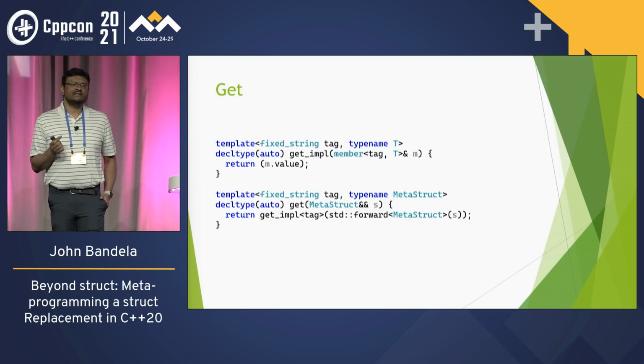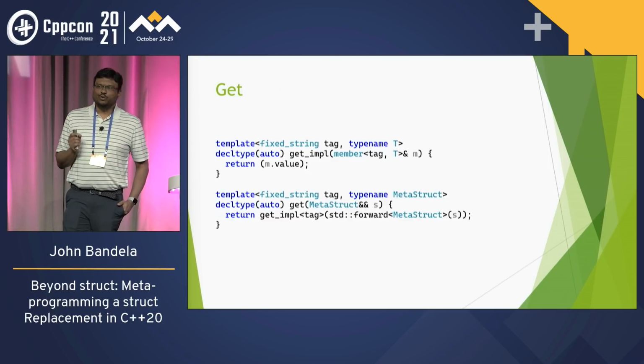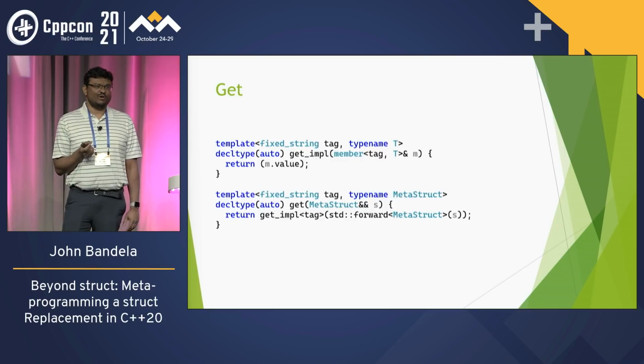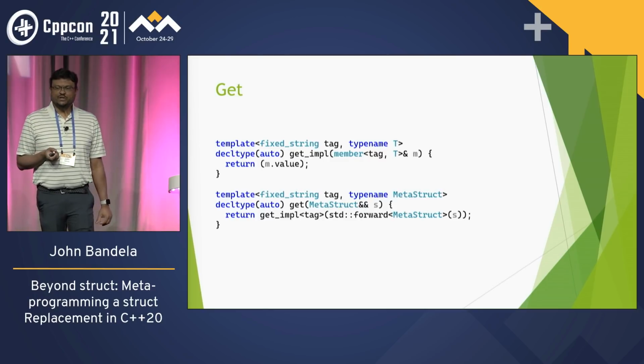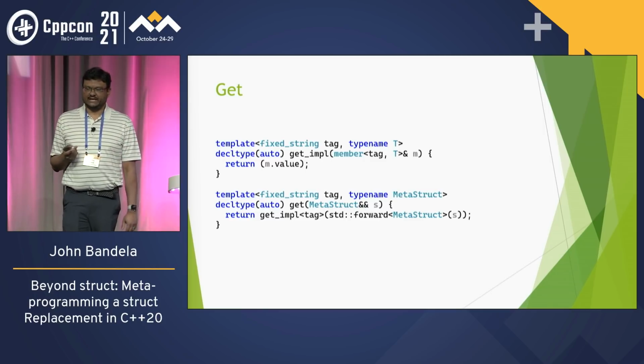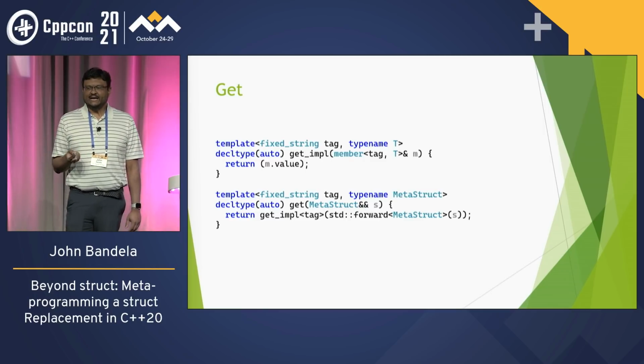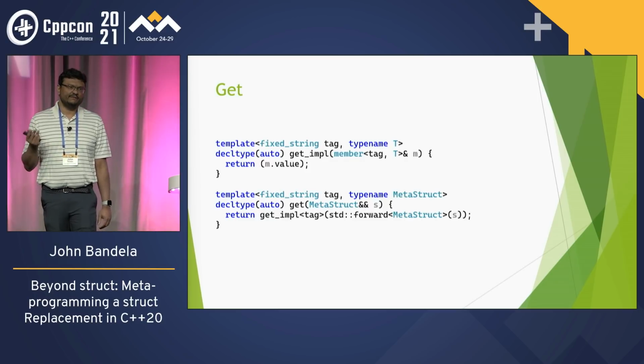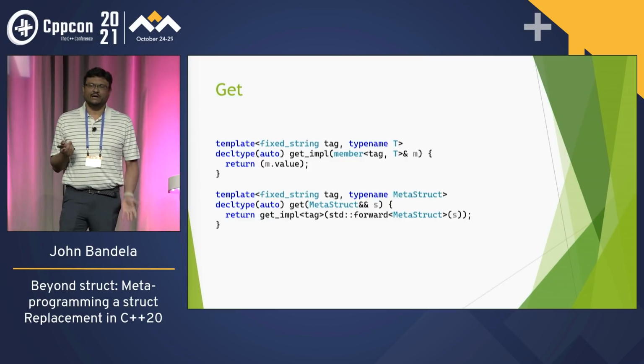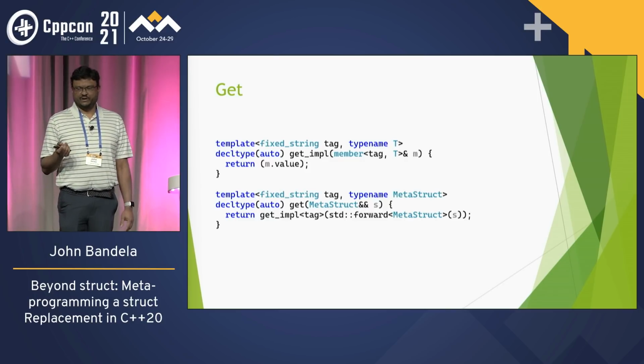So how do we actually access it? What's really cool about C++ is that overloading is crazily powerful. So what we can do is split it up into two parts, like a getImpl. We have a template function that has fixed string as the tag and the type name. There are overloads for const ref and rvalue ref, but we'll just do the regular lvalue ref.